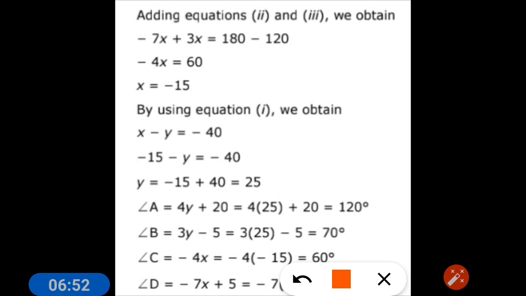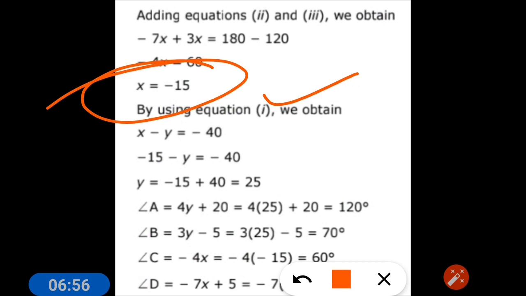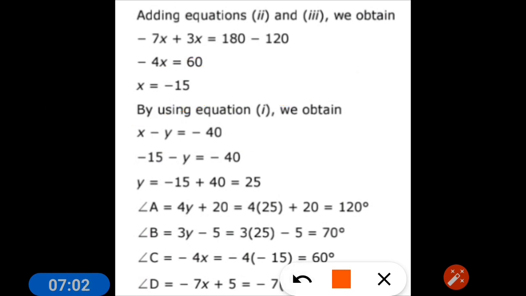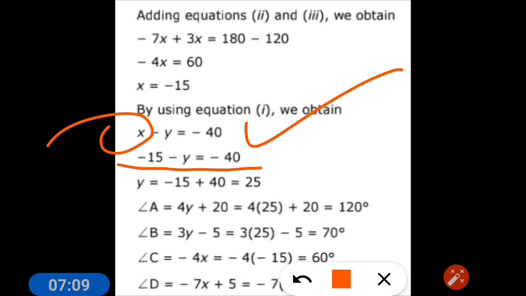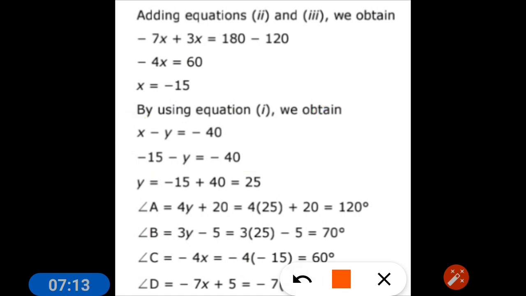So we are putting x equal to minus 15 in equation number 1. Equation number 1 was x minus y equals minus 40. The value of x is minus 15, so equation 1 becomes minus 15 minus y equals minus 40. If you solve for the value of y, you'll get y equal to 25.